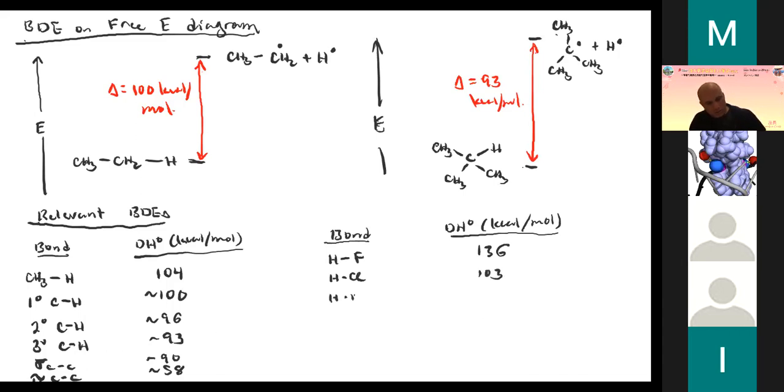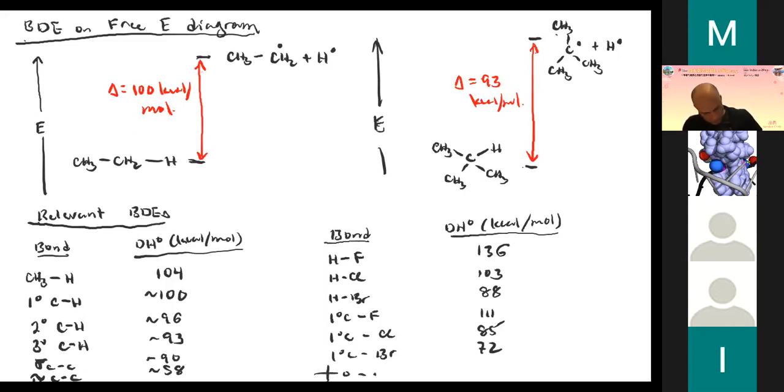HBr is 88. And then a primary carbon-fluorine bond is about 111. A primary carbon-chlorine bond is about 85. A primary carbon-bromine bond is 72.